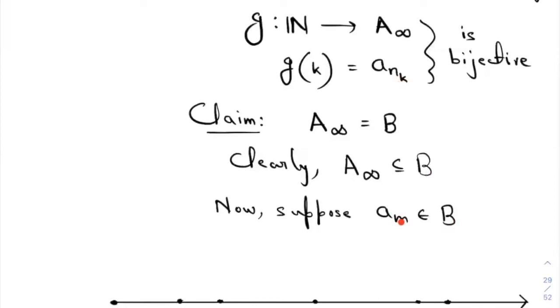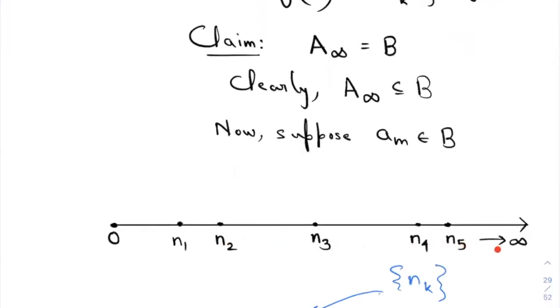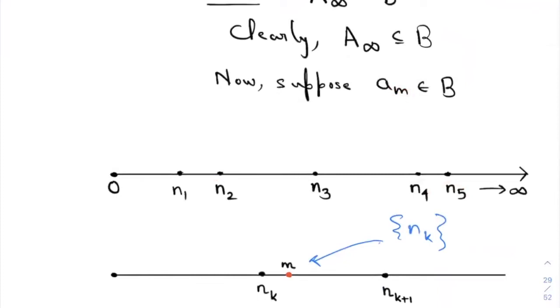That's it. Notice that this sequence n k, if I look at n1, n2, etc., is a strictly increasing sequence of integers. Given this integer m, I can always find the n k plus 1 which is nearest to this integer m and strictly bigger. And then accordingly, this n k would be something that is lying either on m or to the left of m.